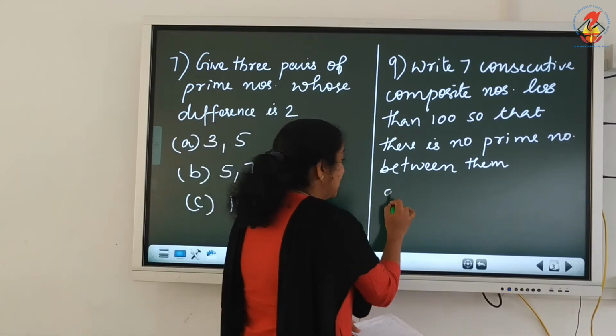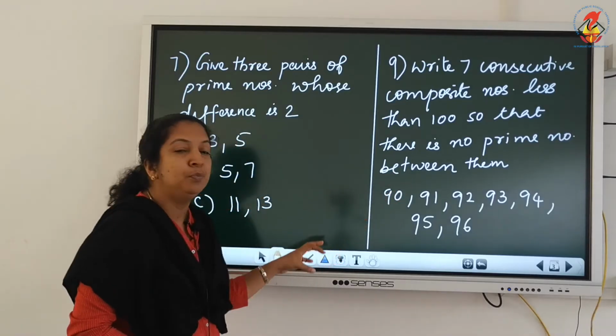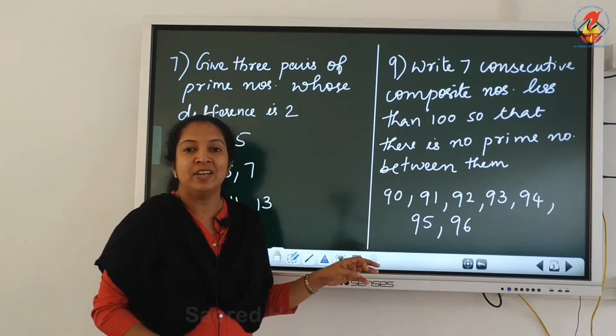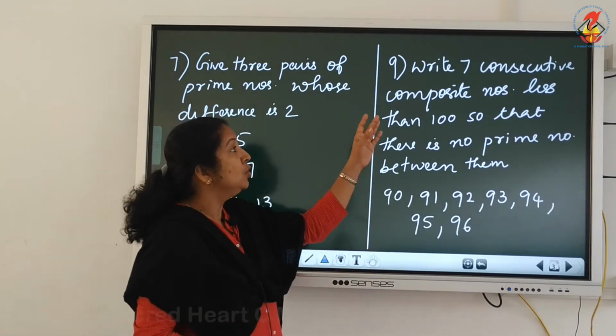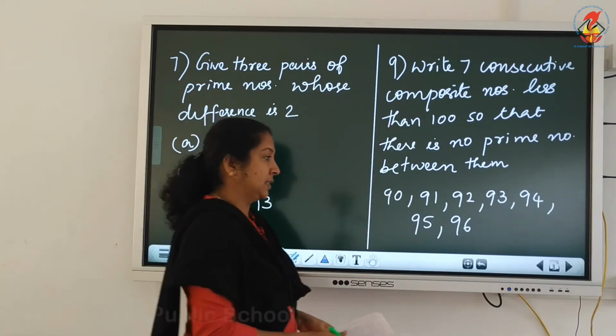It is actually 90, 91, 92, 93, 94, 95 and 96. So no prime number between these 7 numbers. So these are the 7 consecutive composite numbers.